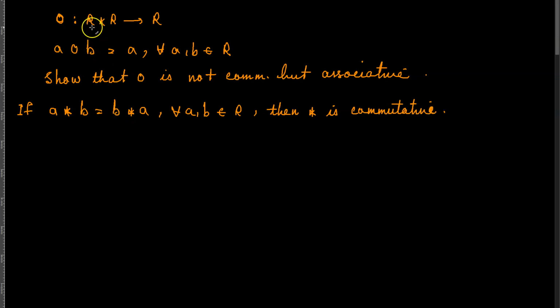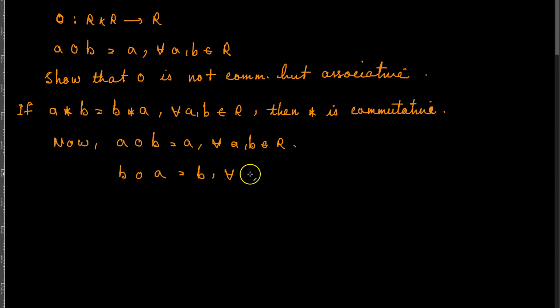Which means that the binary operation that we have, instead of star, of course we have O, but that's the same thing, meaning that if I calculate AOB, I can say that AOB is equal to A for all A and B belonging to R. And BOA is the same thing as B, for all A and B belonging to R. And therefore AOB is not equal to BOA, and therefore O is not commutative.